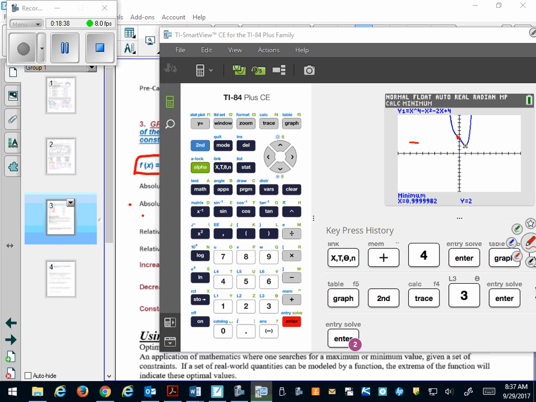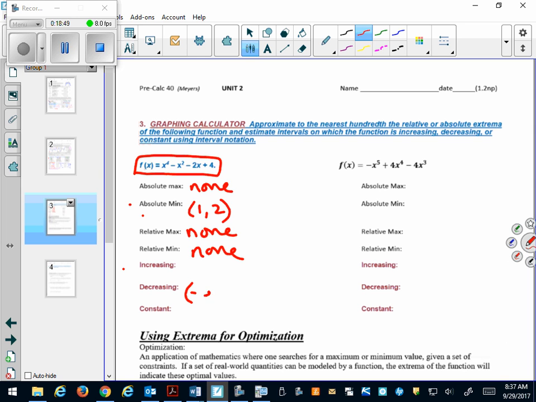Right? Because you're going this direction. Negative infinity on the x's until you get to x is 1. That's where it is decreasing. So decreasing is negative infinity to 1. Increasing would be from 1 to infinity, and constant is none.